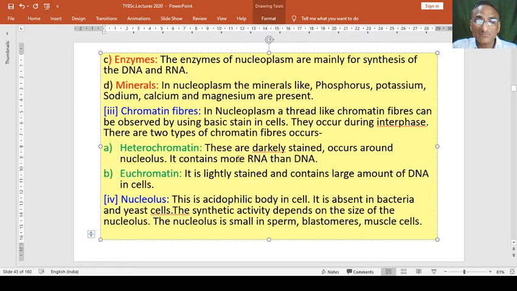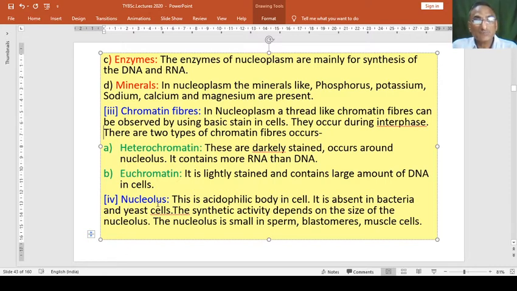Heterochromatin are darkly stained bodies that occur around the nucleolus of the nucleus, and they contain more RNA than DNA. Euchromatin is the other type of fiber, which contains a large amount of DNA. In short, heterochromatin is the RNA-containing body, and euchromatin is the DNA-containing body present in the nucleoplasm.